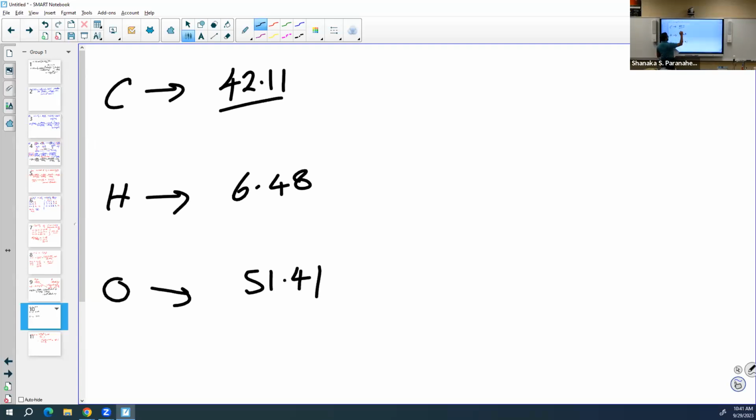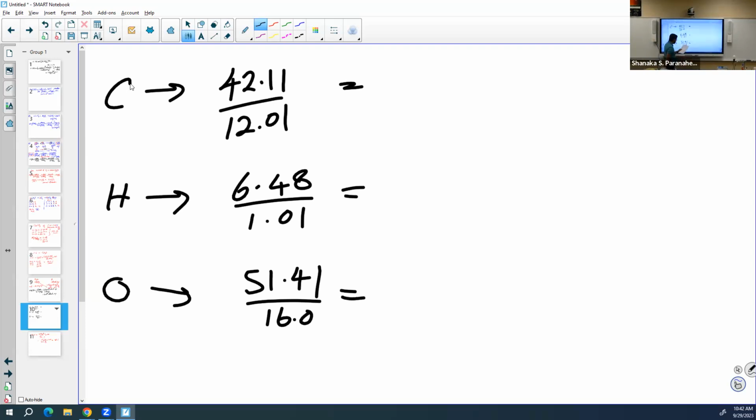Then we divide by the atomic weight of each element. When you divide the mass by atomic weight, your answer is moles. So your answer is going to be moles of each element. These values are 3.506, 6.416, and 3.21.